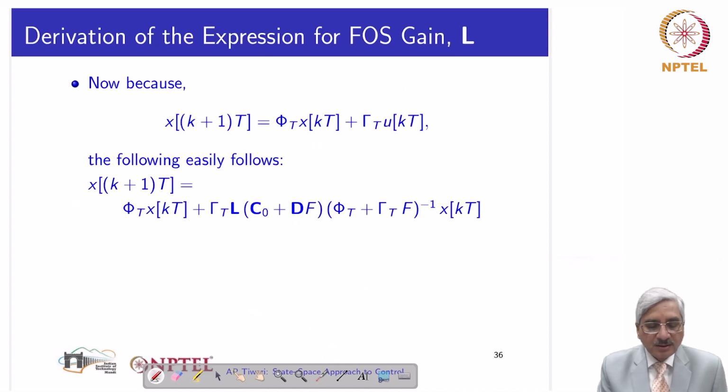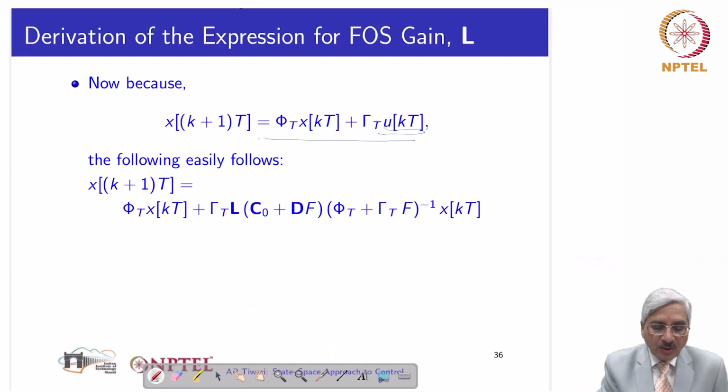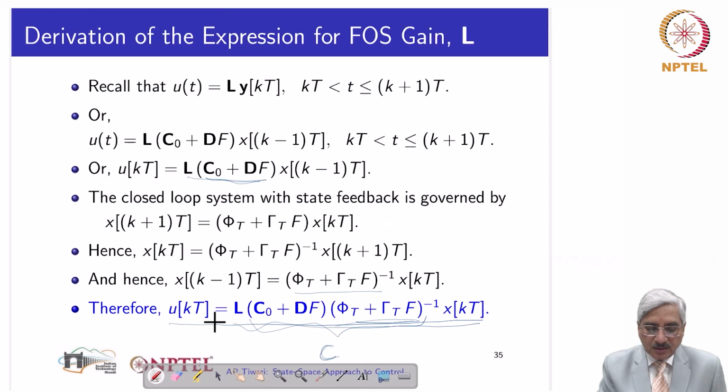So thus we got U equal to LC, and now we substitute, because this is the closed loop system. In place of u(kt) we substitute this relation, and we get phi tau x(kt) plus gamma tau L, this whole thing, in place of u(kt) into x(t). So this u(kt) into x(t) we substituted by this one, which was derived in the previous slide.